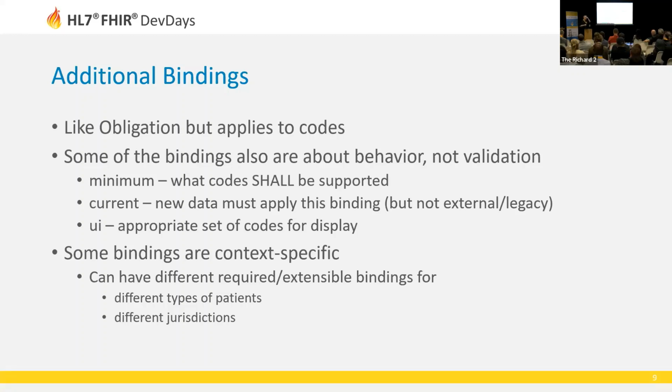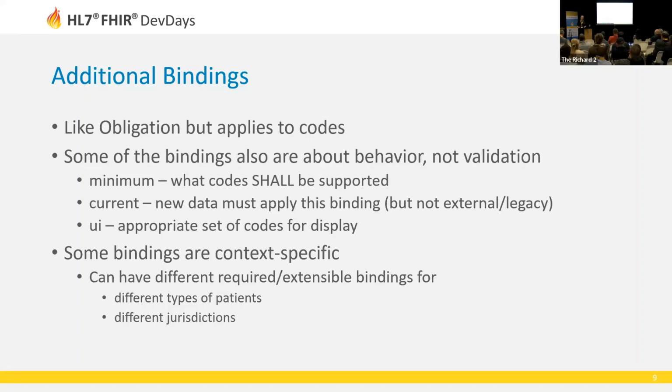And so current allows you to say anything that is net new, you have to be using this terminology. Anything that is legacy, anything that's coming from external, this set of rules doesn't apply. You can't validate that in the instance because you have no idea where the data came from, but you can absolutely do that in testing in terms of try entering in data and see whether it gets coded according to this current system or not, and if it doesn't, then it's non-conformant.